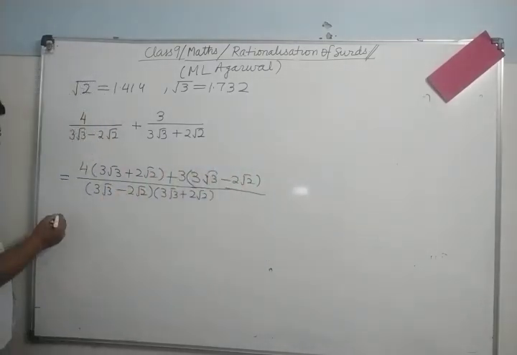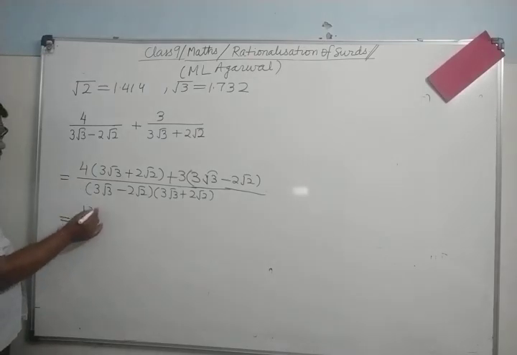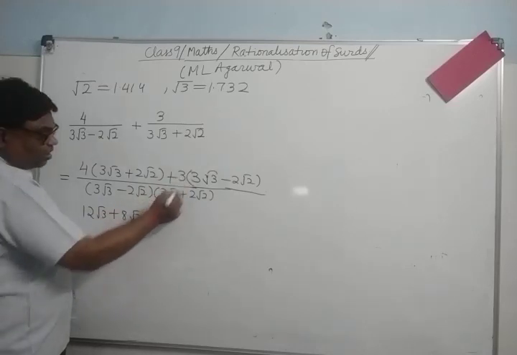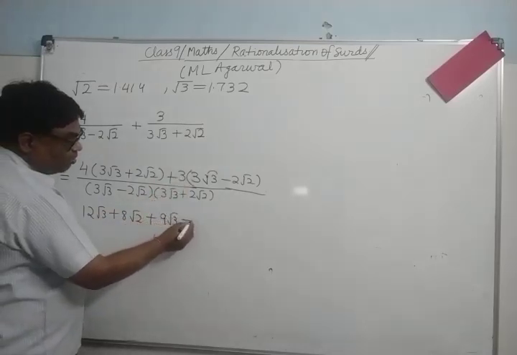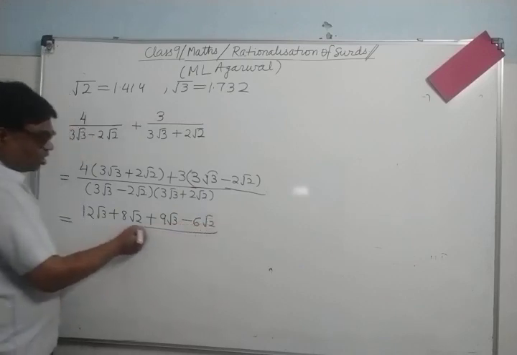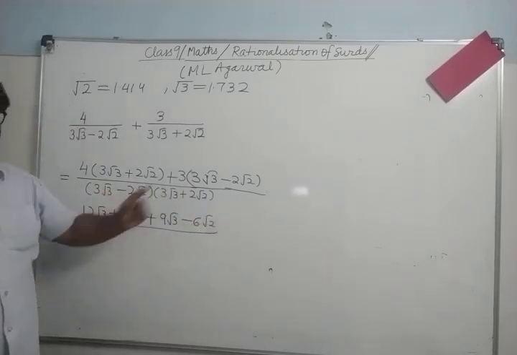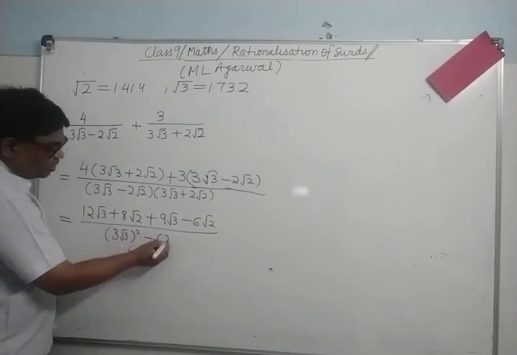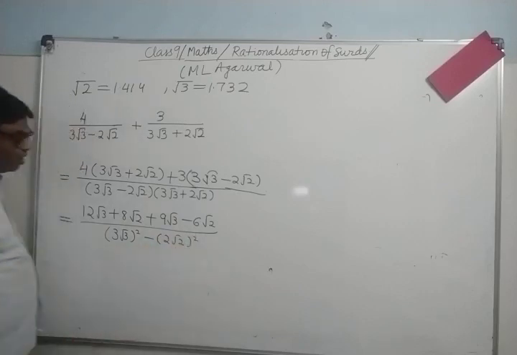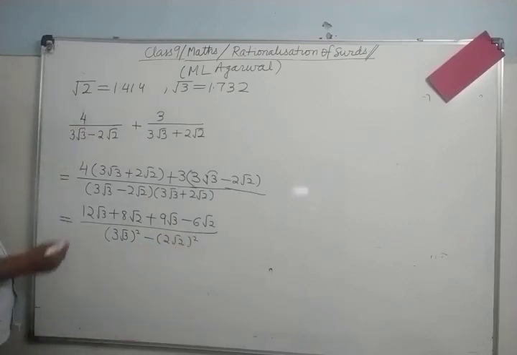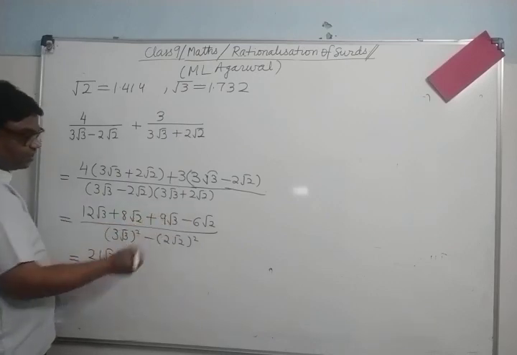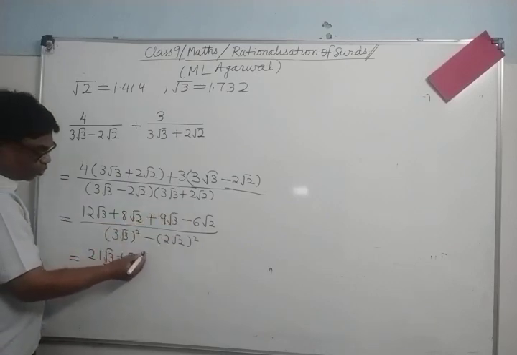Now open the bracket: 4 3s are 12 root 3 plus 8 root 2, 3 3s are 9 root 3 minus 6 root 2. Then here it is (a minus b)(a plus b), so it will be equal to (3 root 3) whole square minus (2 root 2) whole square. Now simplify. 12 root 3 plus 9 root 3 equals 21 root 3. 8 root 2 minus 6 root 2 is equal to 2 root 2.